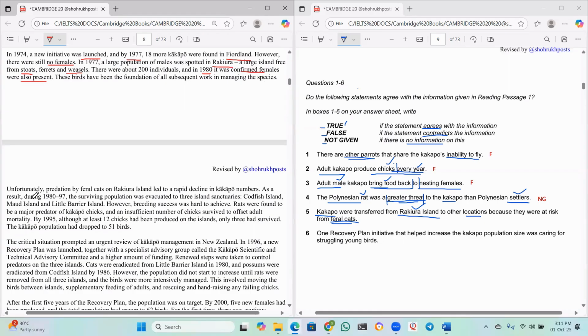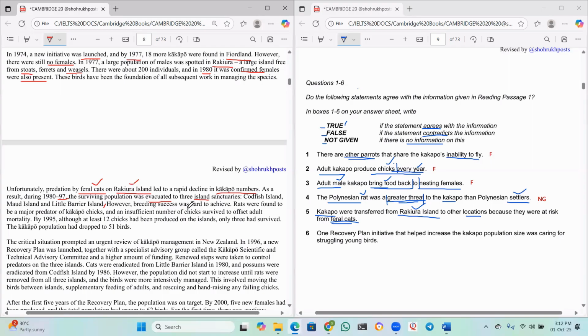Okay. Now, unfortunately, predation by feral cats on Rakiura Island. Yes, this is what we are looking for. Feral cats on Rakiura Island led to the rapid decline in kakapo numbers. As a result, during 1980 to 97, the surviving population was evacuated to three island sanctuaries: Codfish Island, Maud Island, and Little Barrier Island.